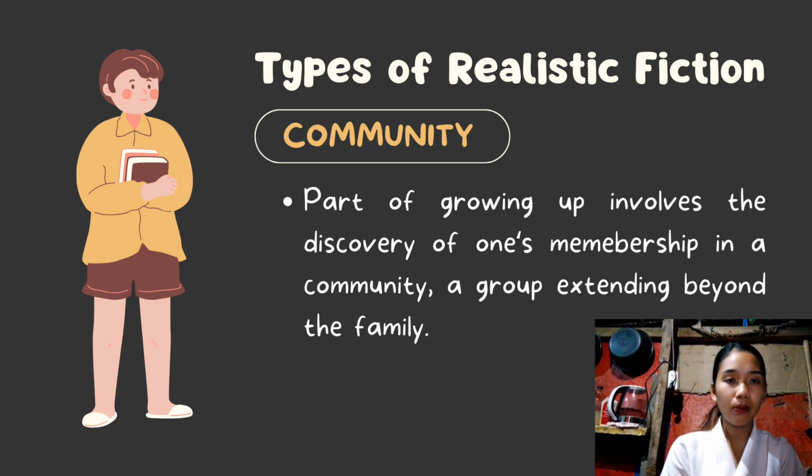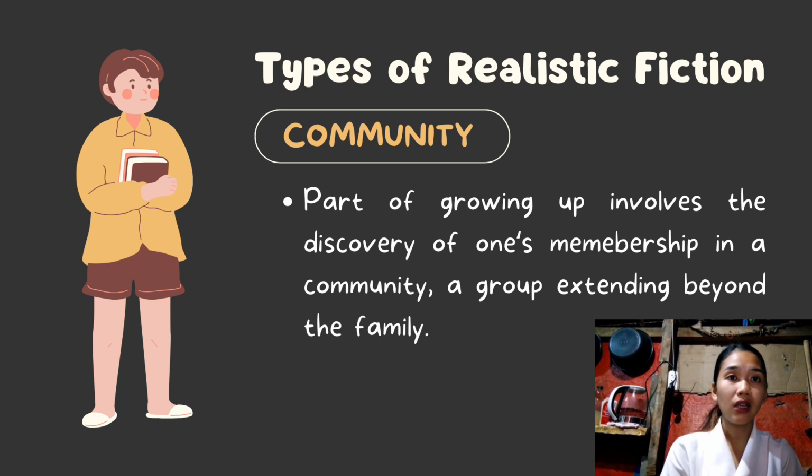Now we will be moving on to the community, and how community is portrayed in realistic fiction. Community is part of growing up and involves discovery of one's membership in a community, a group extending beyond the family. So, in community membership discovery, growing up involves children realizing they are part of a larger community beyond their family.